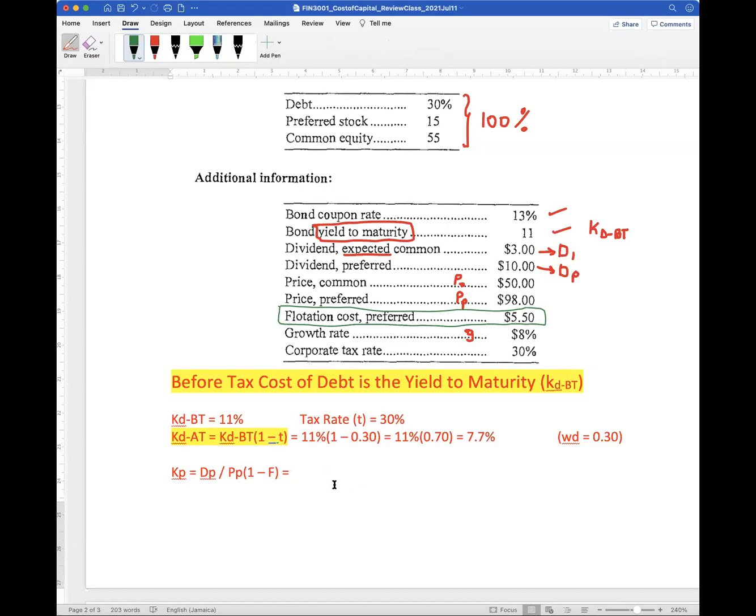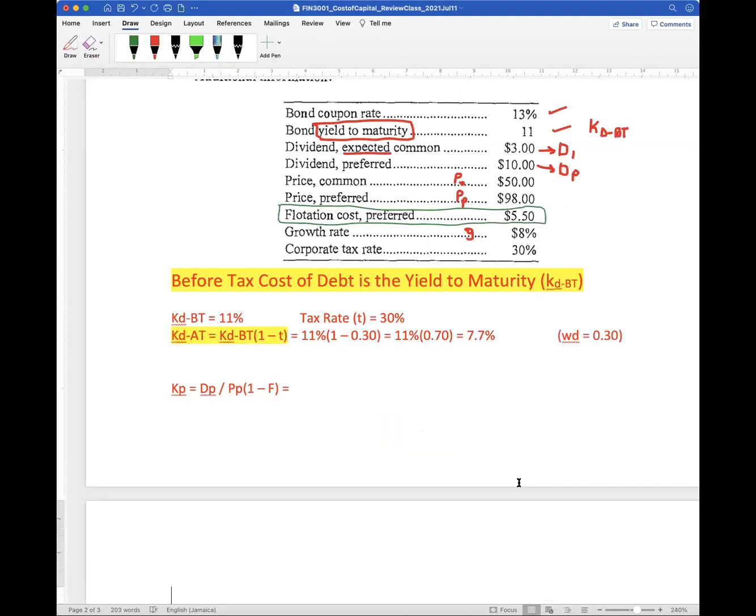Now, let me show you how that operates. Before I go to the formula, I just want to make sure you understand the logic of this thing.